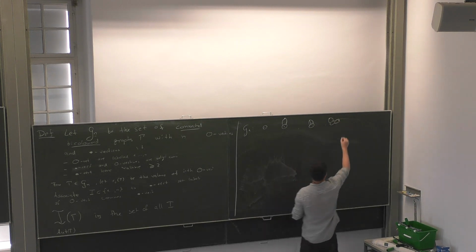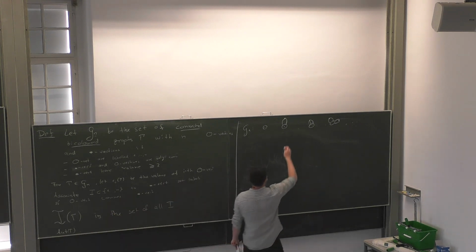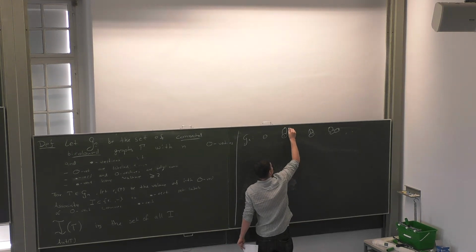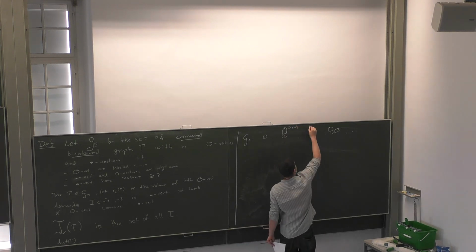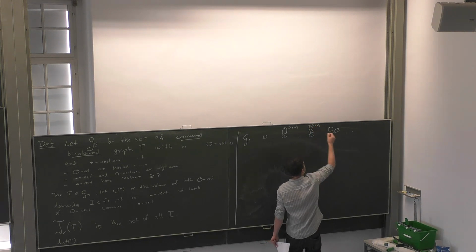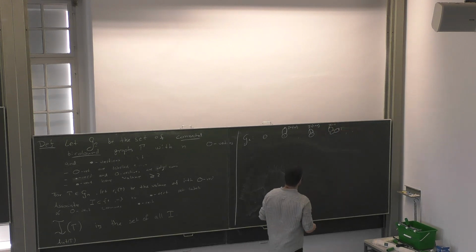Okay, etc. The set I would be, in this case, the set {1,1}. Here it's the set {1,1,1}. Here {1,1}, and here the same, like I prime.